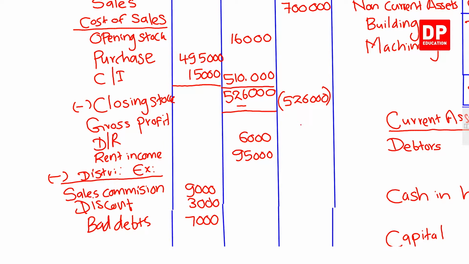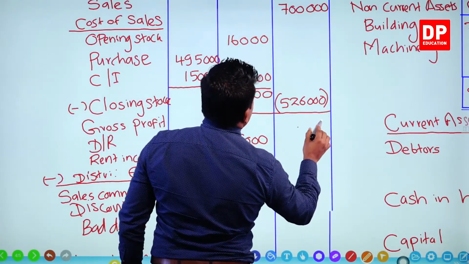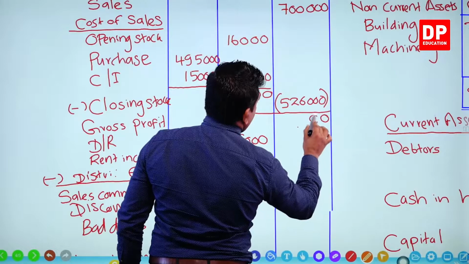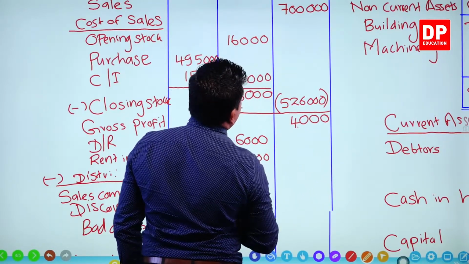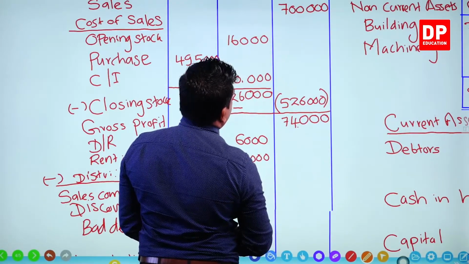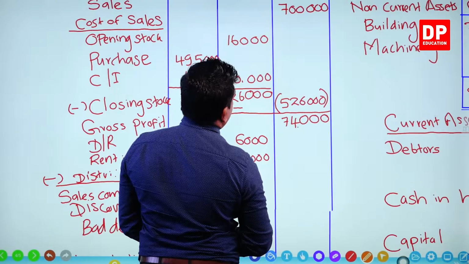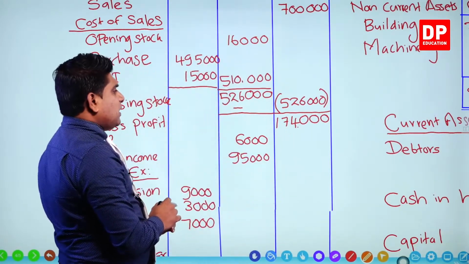Above you can see sales income. The difference is gross profit. 174,000 is the gross profit.